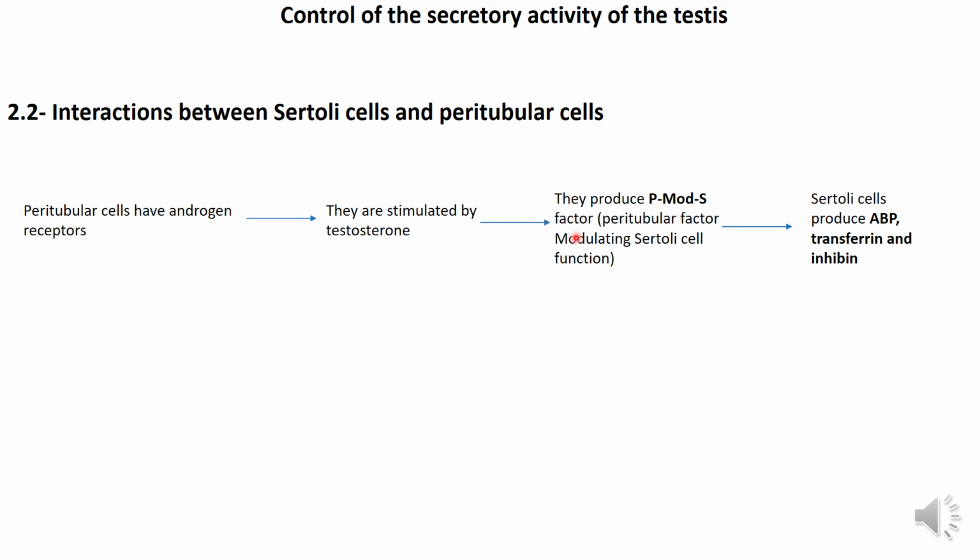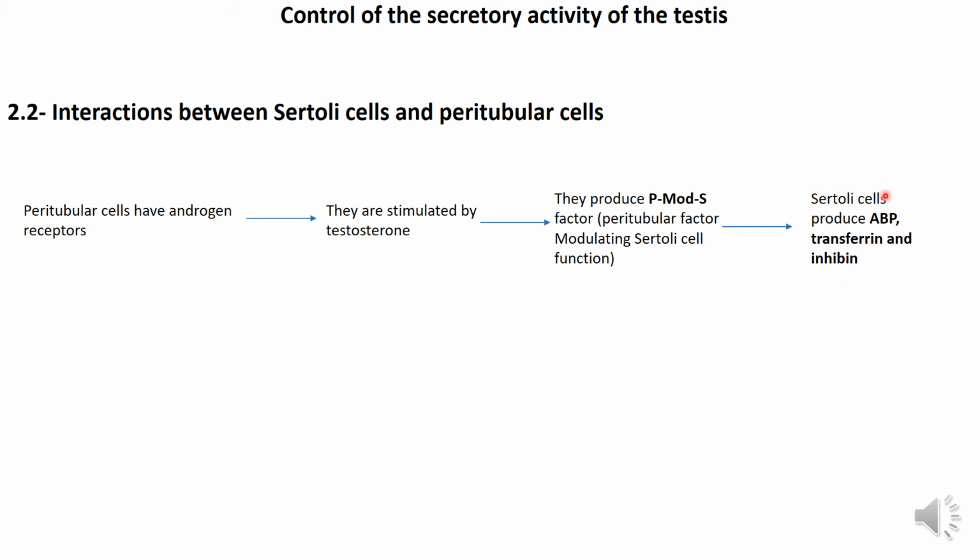So under the action of the testosterone, the peritubular cells, or the myoid cells, will produce this PMOD S factor, and this PMOD S factor can act on the Sertoli cells in a paracrine way, so it will cross this basal lamina and act on the Sertoli cells. It will induce the production of the androgen binding protein, the transferrin and inhibin.